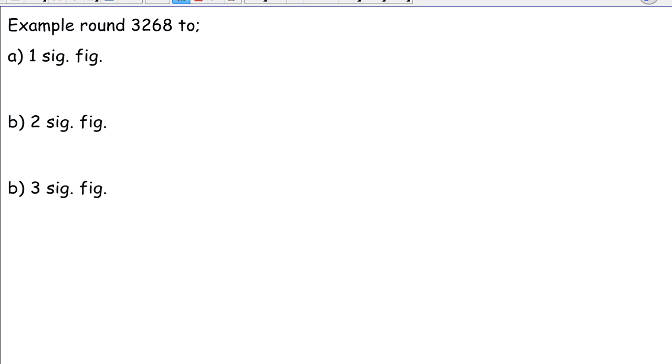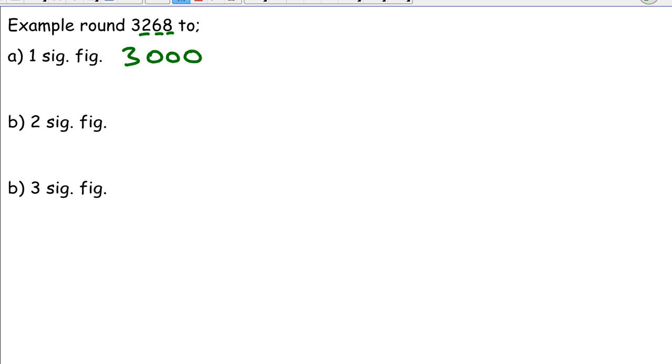So for example here, round 3268 to one significant figure. So that means we stop at 3. So we look at the next number, it's less than 5. So what you're going to end up with is 3, but you have to add the zeros for the place values. Otherwise, if you just leave it as 3, it won't make sense.